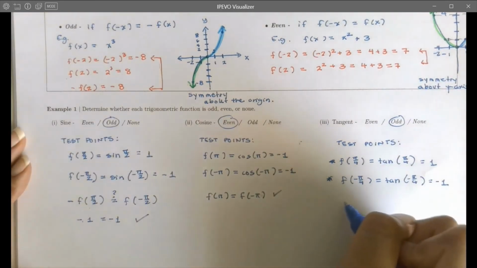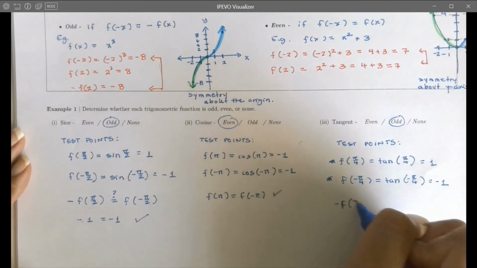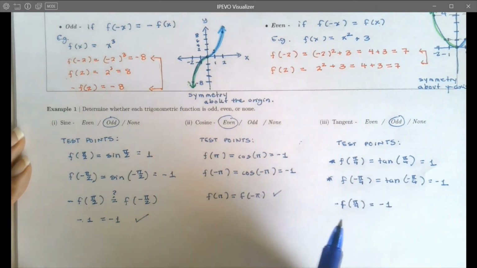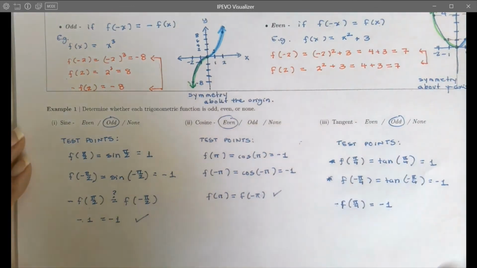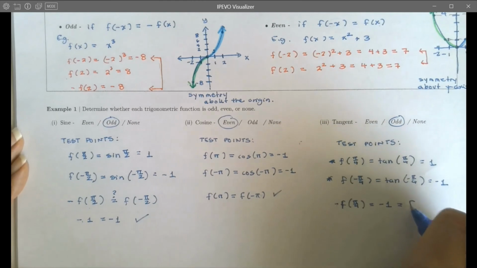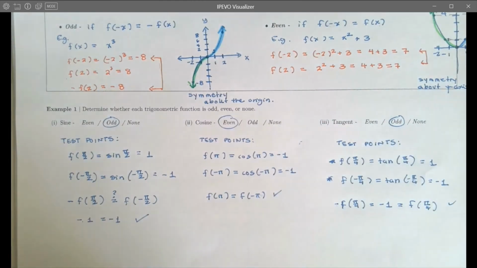So if I take negative 1 times f of pi over 4, I'm going to get a negative 1, right? Because we'll have a negative 1 times 1, which is negative 1. And that is indeed equal to f of negative pi over 4. Okay. So that confirms to us that tangent is odd.